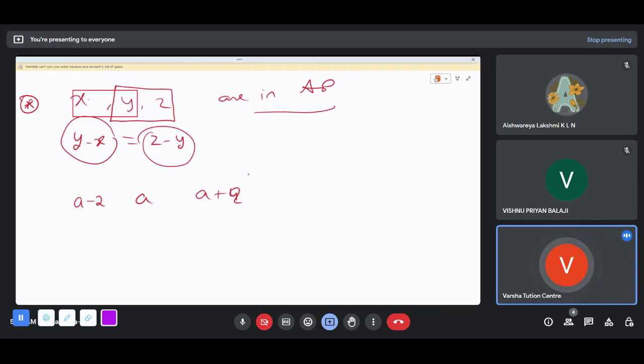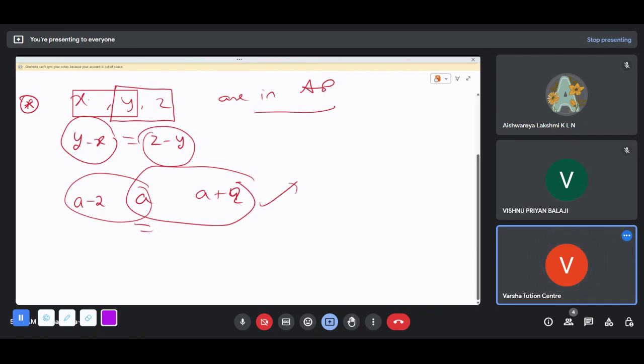Then what can you write? The difference between the first two should be equal to the difference between the next two. You should get this idea. Whenever he says three terms or four terms are in AP, you can equate their differences.